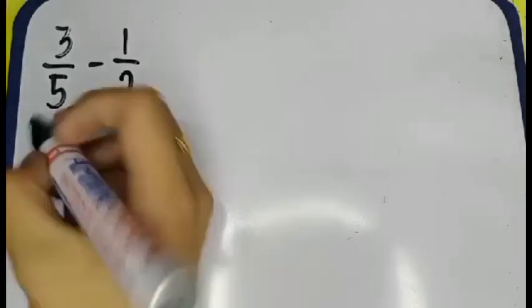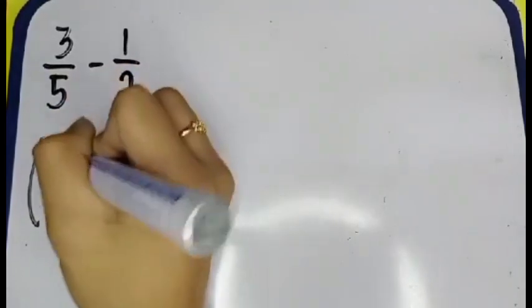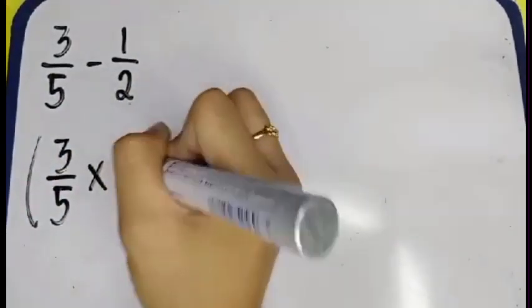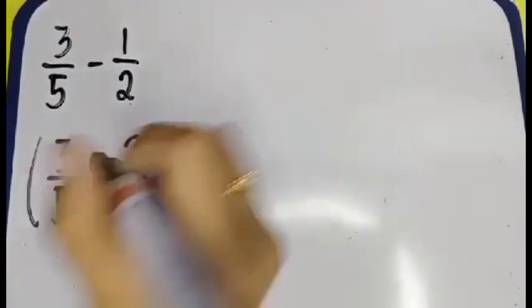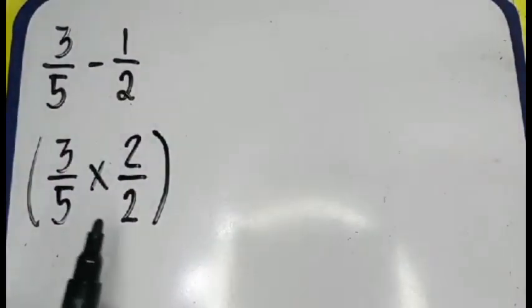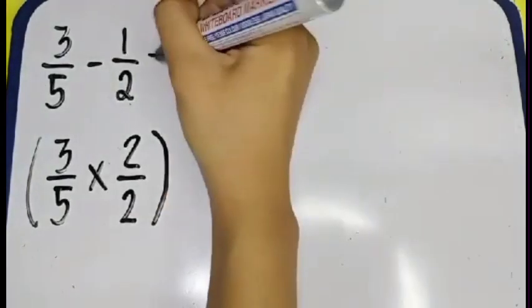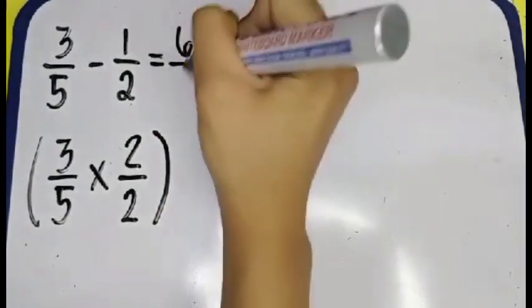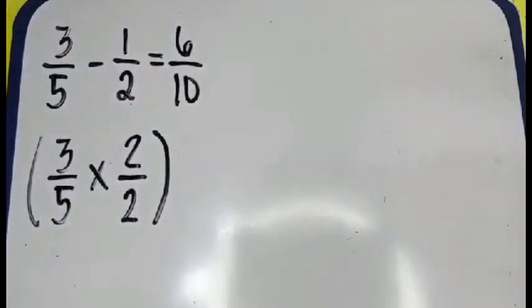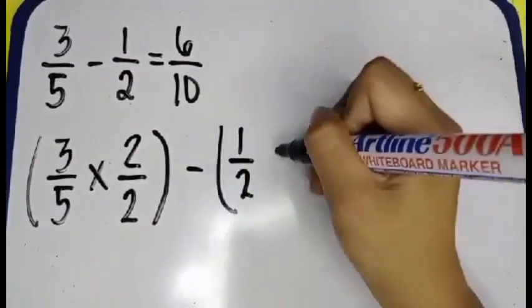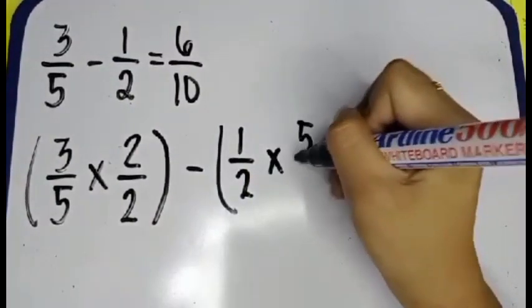That's why 3/5 are going to multiply by 2. Therefore, 3/5 times 2 over 2 is equal to 6 over 10, and 1/2 are going to multiply by 5.